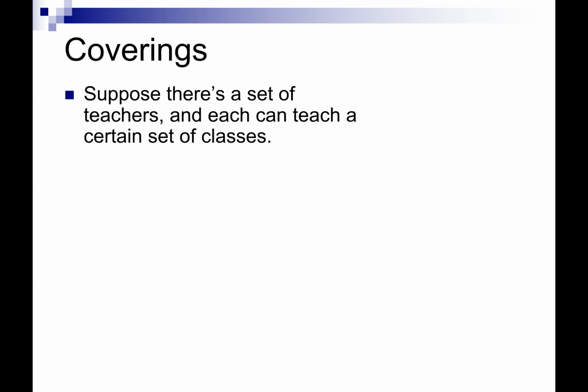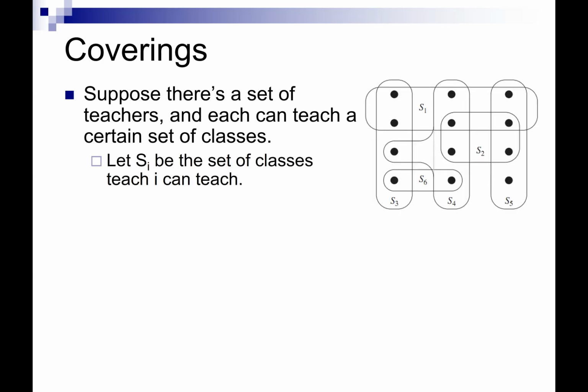And so the first algorithm we're going to look at is an algorithm for a problem called coverings, or actually a specific type of covering. But let's first talk about in general what covering problems are. To motivate this, suppose you have a set of teachers, and each teacher can teach a certain set of classes. You can represent this as follows. Here these points are representing the classes.